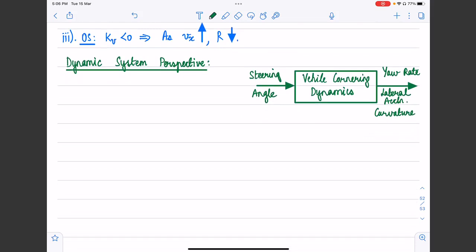Once again, let us consider the steady state response to a given steering angle. That's what we're going to consider. So let me set the context once again.